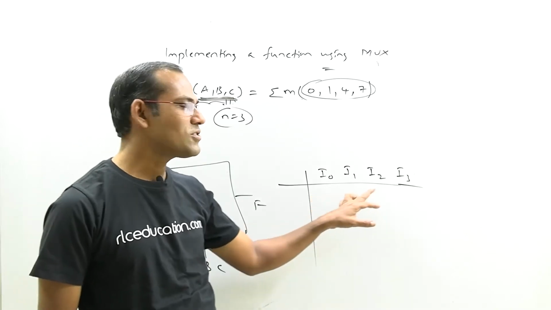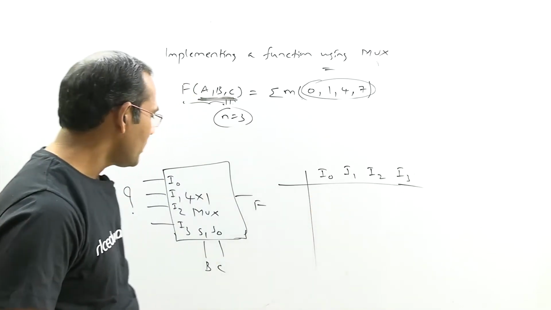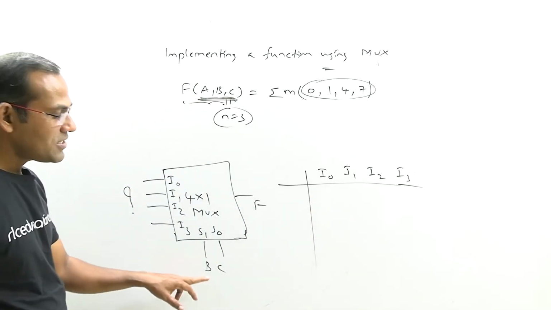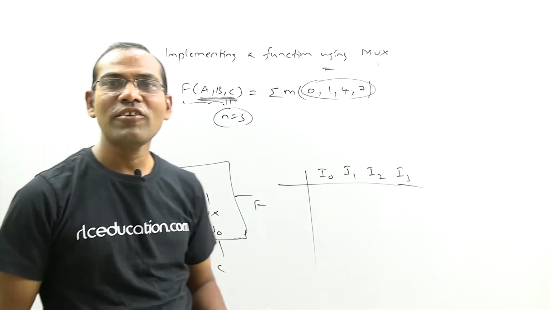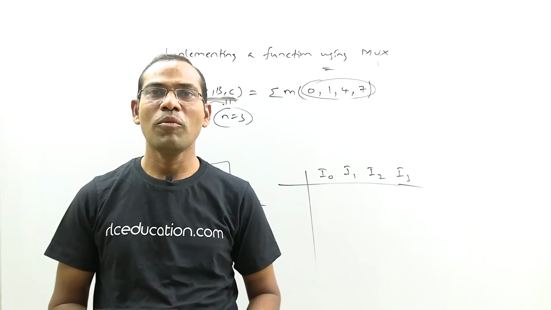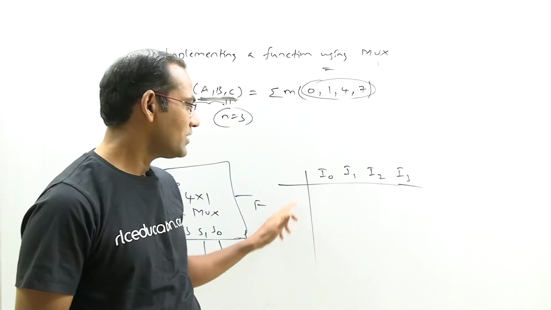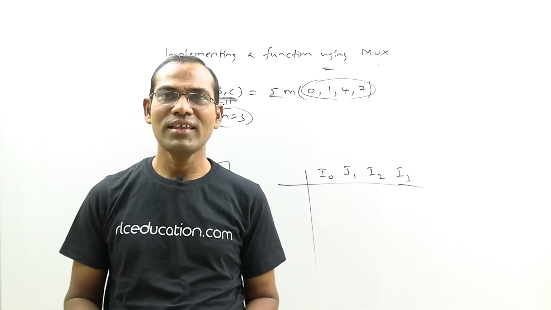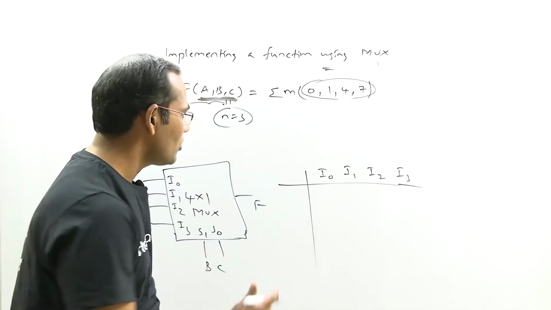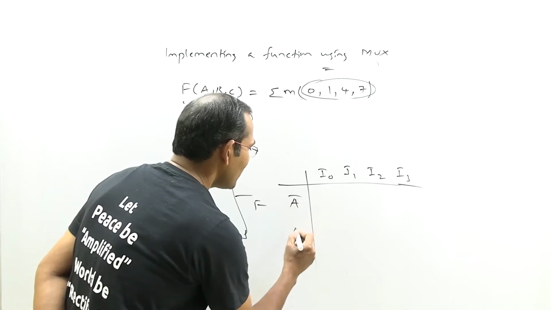These are the values I want to find. Already I connected BC here and the remaining variable is A. Write different combinations of A. The different combinations are either A bar, A.